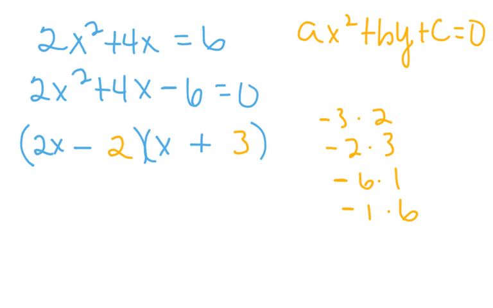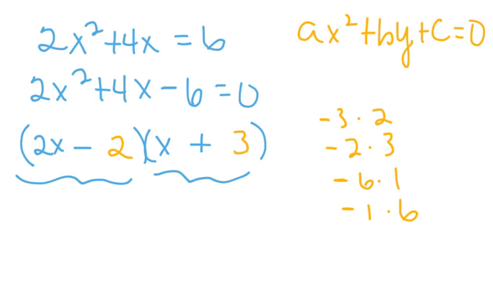Now, I kind of got lucky. I did the guess and check method, but it worked for this. I have 2x squared plus 6x minus 2x, which is our 4x, and then a minus 6. So we're good there. The last step: set each expression equal to 0 and solve for x.